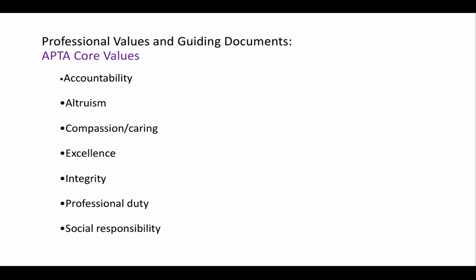So another area of the Guide to PT Practice is the information regarding professional values and guiding documents. And the main guiding document that you are all very well aware of is the APTA core values. And the PTs, so physical therapists, demonstrate professional values in their interactions with patients, clients, and colleagues.